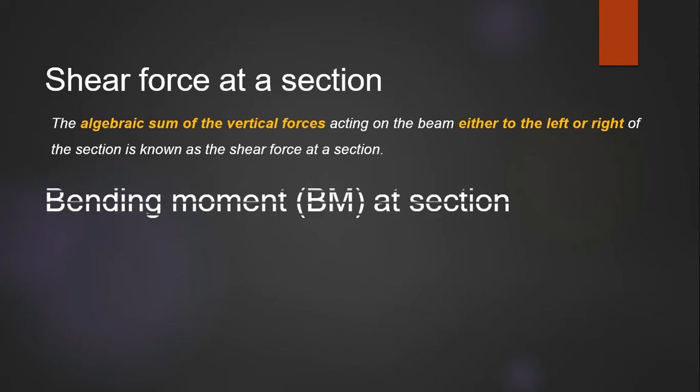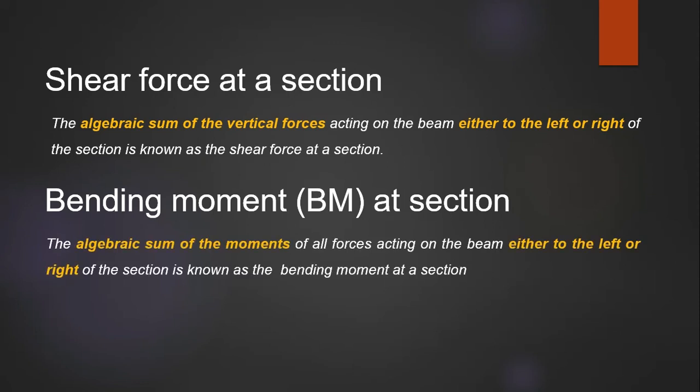Now let us see the bending moment at a section. Bending moment is also a little bit similar in the calculation to shear force. The algebraic sum of all the moments because of all the forces acting on the beam either to the left or to the right is known as the bending moment at that section.